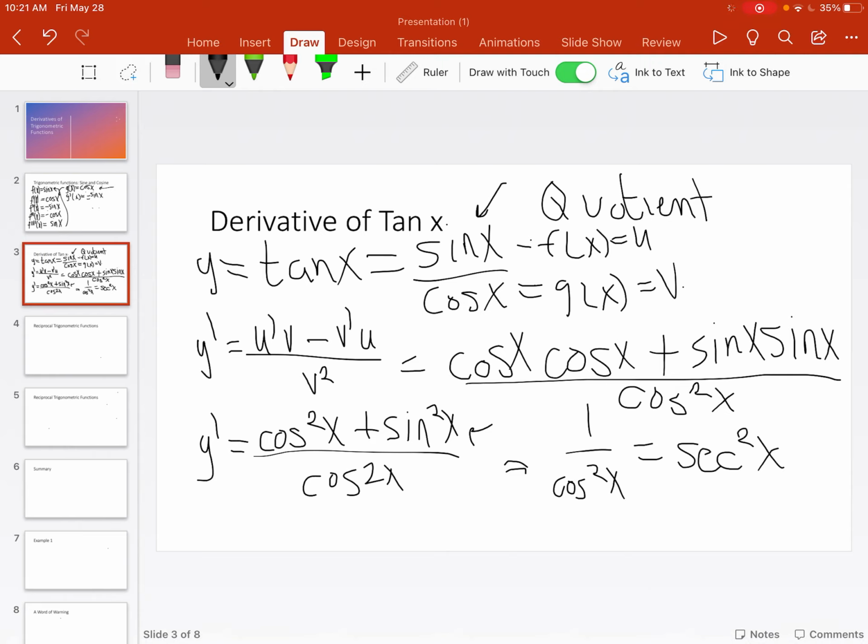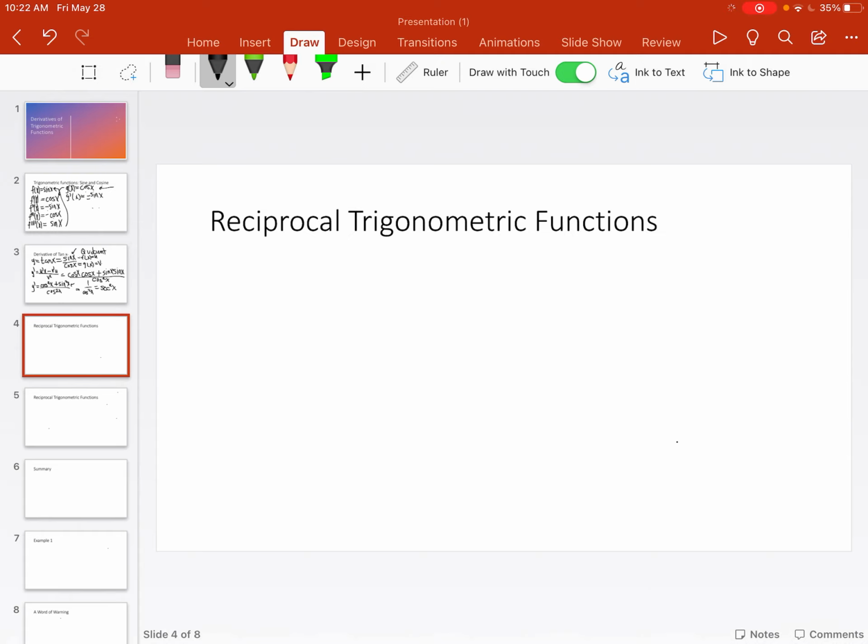So we just found our basic trig functions. We just found their derivatives. Well, what did we end off here with? Well, we ended off with secant x, right? Well, what about its derivative? It's a reciprocal trig function, right?